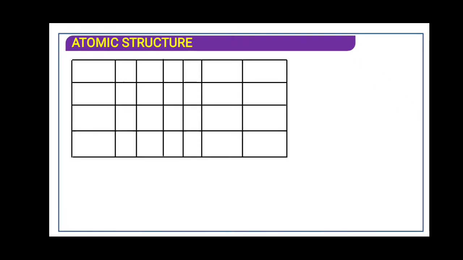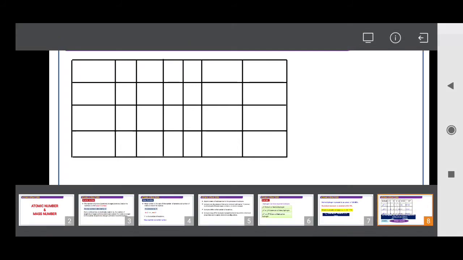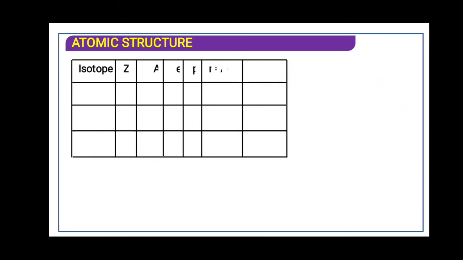Now we will see the number of protons, neutrons and subatomic particles present in the isotopes. Z indicates atomic number, A indicates mass number, E indicates electron number, P indicates proton number, N indicates number of neutrons, and N by P is the neutron to proton ratio, which you don't have to worry about.